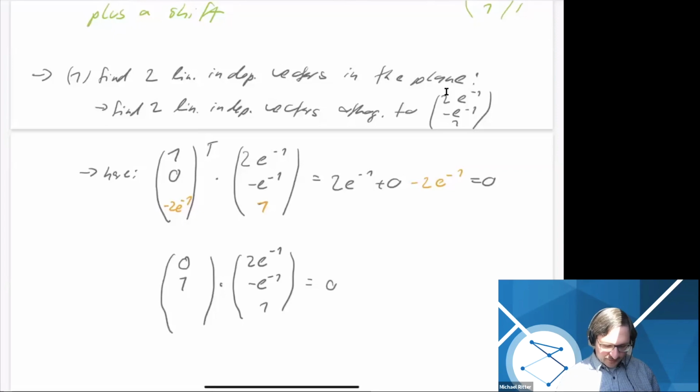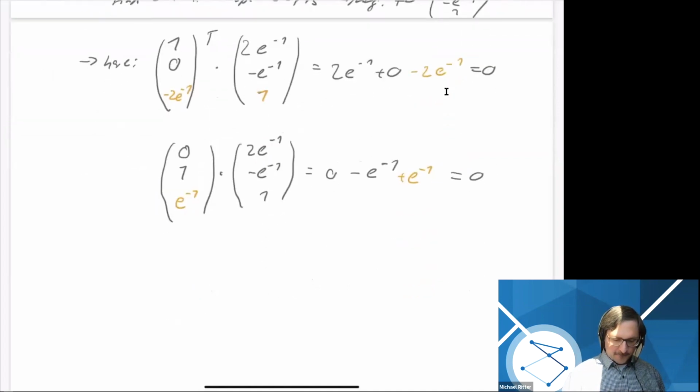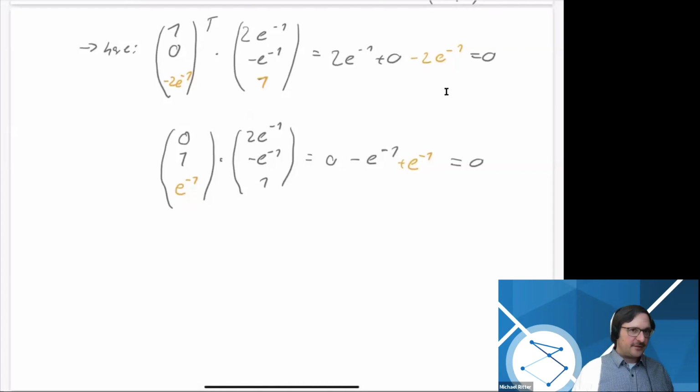This time it's 0 minus e to the minus 1. And again, we need to correct to get a value of 0. The right correction here is to put an e to the minus 1 here, then we get plus e to the minus 1, and those cancel out. Okay, so we found these two vectors that describe the plane.